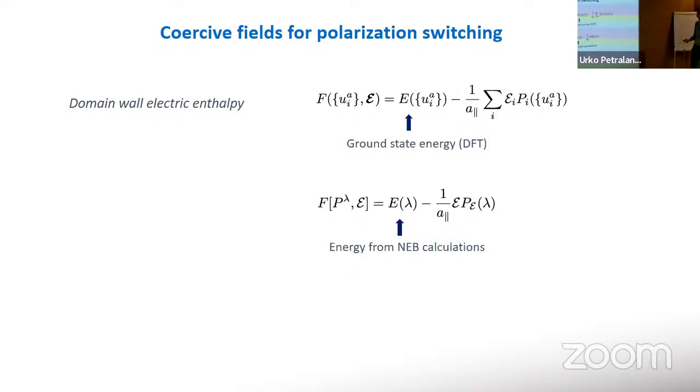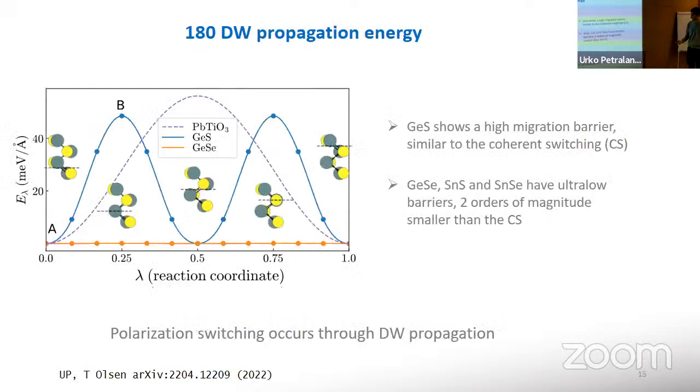Let me go back a little bit. So we are crossing this path, and we are trying to see the maximum slope here, so that if you apply a field that overcomes this slope, the system will automatically go to the other side. So we're just trying to find this slope.